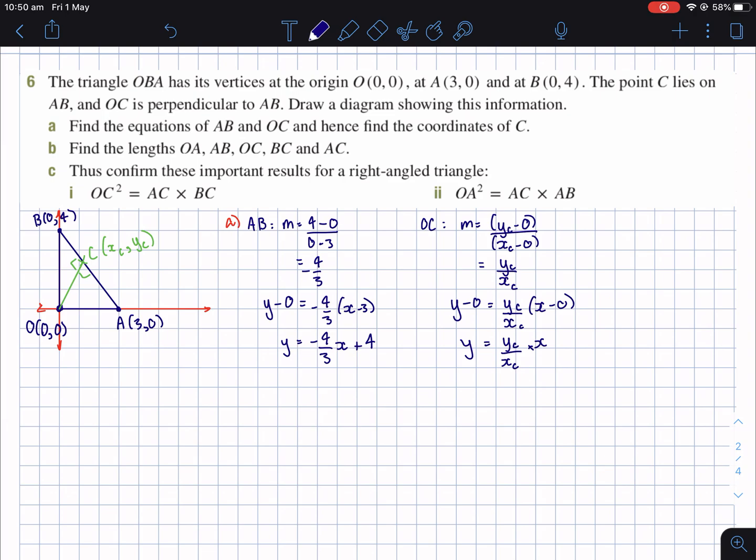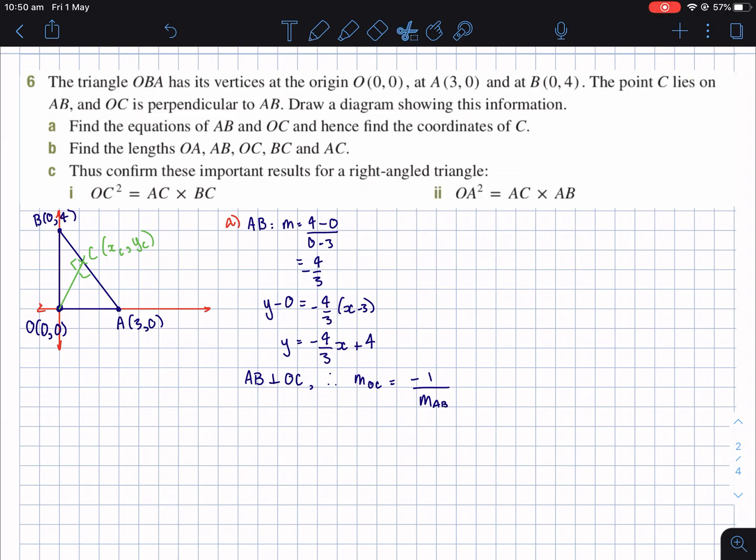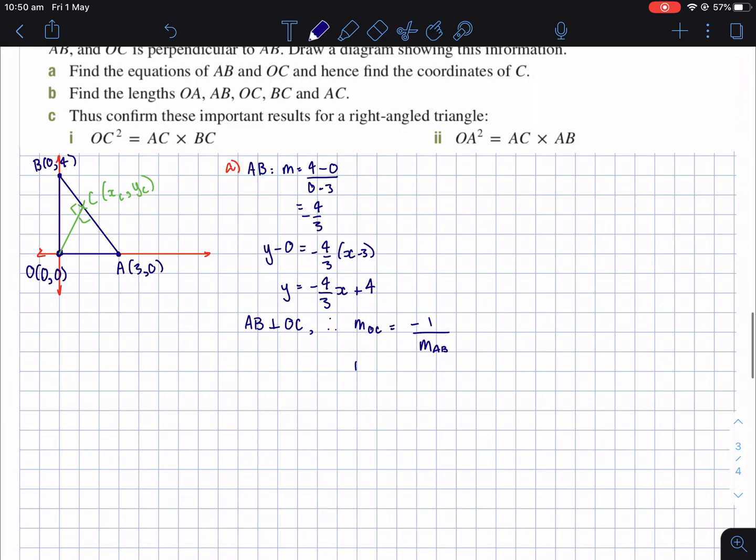But they're perpendicular. I forgot that. I know AB is perpendicular to OC, therefore MOC equals negative 1 over MAB. So MOC equals negative 1 over negative 4 thirds, so it's 3/4.